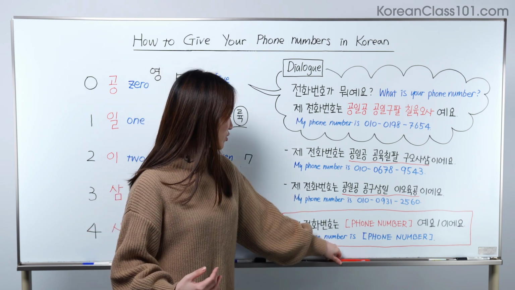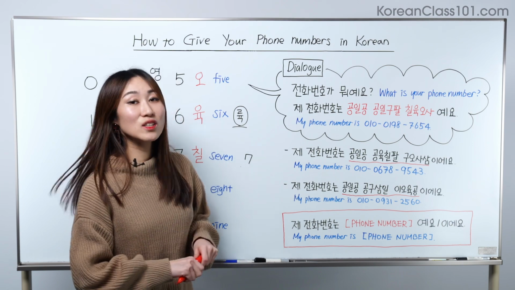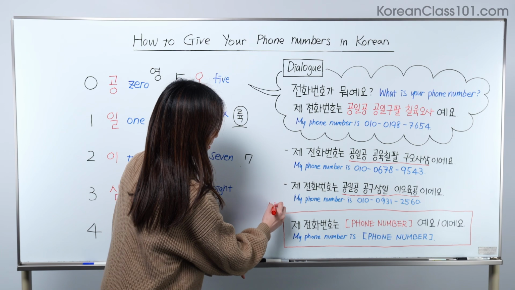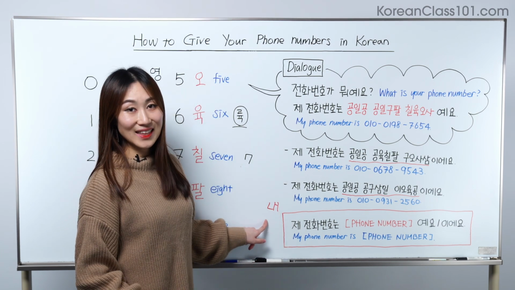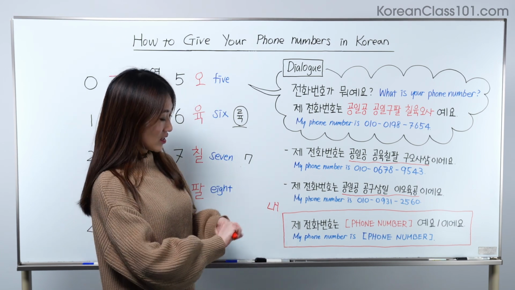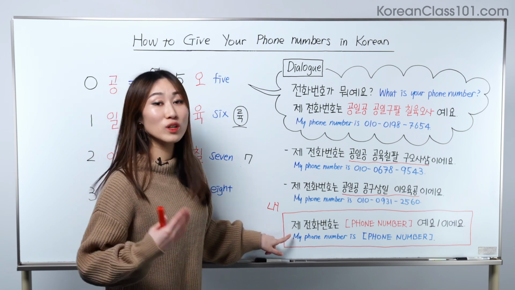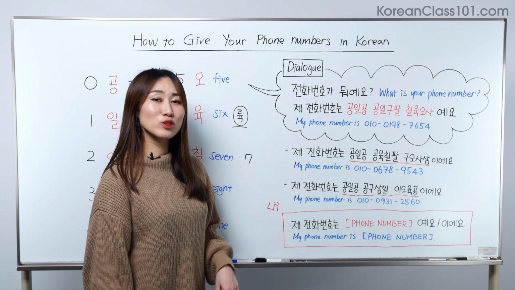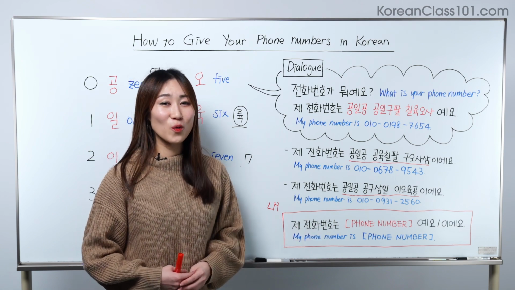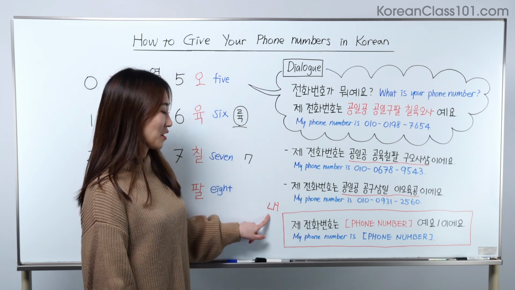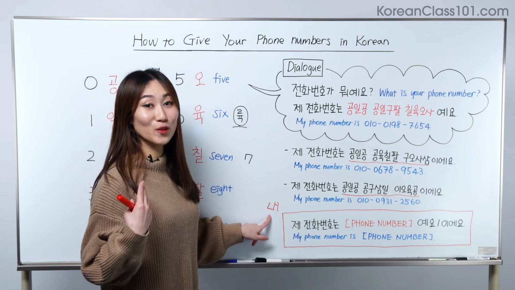And 제, again, is a very humble, polite way to say my. There is another way to say my, which is 내. It's very casual, so you are not using it when you are saying politely, but when you use casual language between friends or talking to someone who is very younger than you, then you are using this. My phone number is 내 전화번호는.